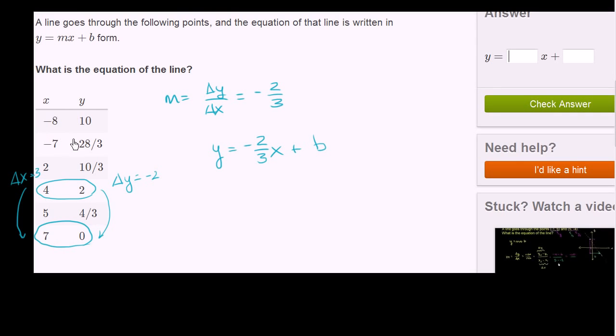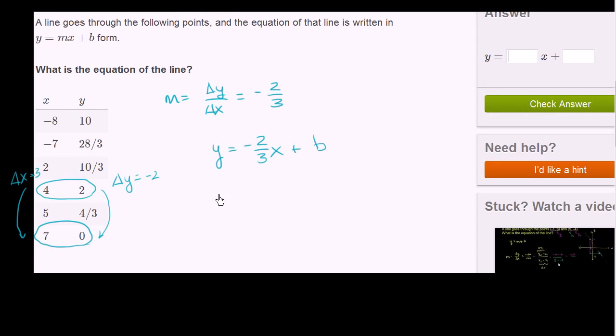So let's substitute one of these points in here to figure out what our b must be. And once again, I want to figure out something where this is going to become nice and clean, but this isn't going to be really clean for any of these numbers. If we had a 3 for x, or a 6 for x, or a 0 for x, then things would work out nicely, but they don't give us any of those. So let's just try this 7 and this 0.